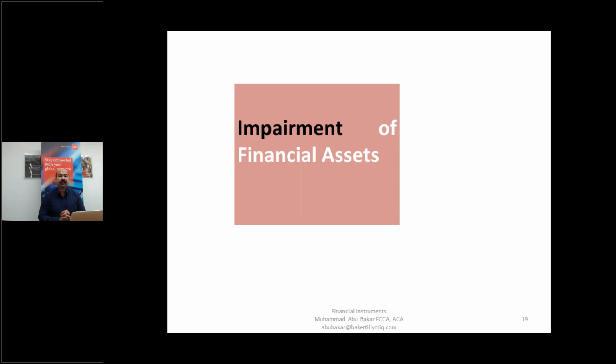In case of amortized cost, if you recall the definition, all cash flows discounted using the effective interest rate become part of the amortized cost. In case of other comprehensive income, this issue cost will not be expensed out; it will become part of the fair value of the asset.